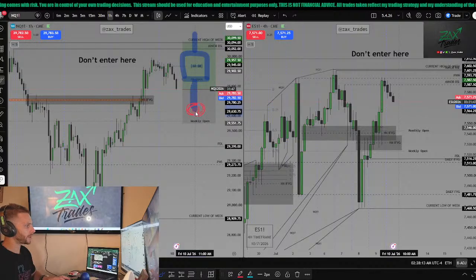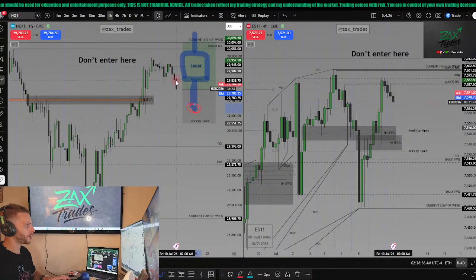Now, I'm not saying I'm going to buy the bottom, because that's obviously very risky. Usually, I will buy somewhere in here, after I get some confirmation that it's actually reversing. But what I'm really looking for is what PD array this is going to take place in.